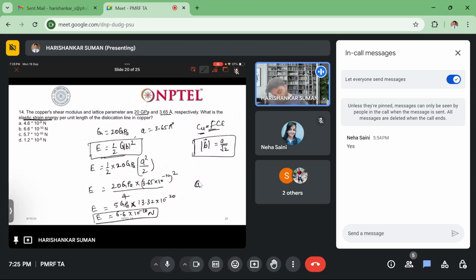One giga equals 10 to the power 9. Are you clear on this question?